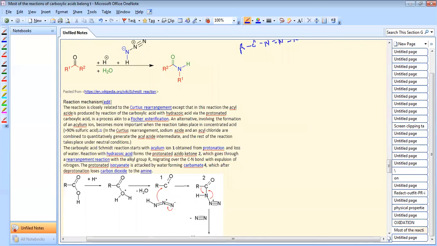This is a resonating structure; we can write the resonance also.